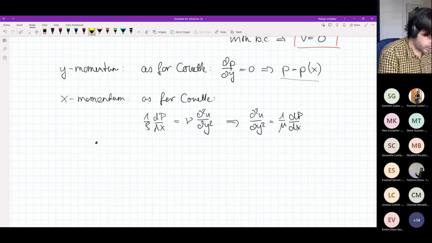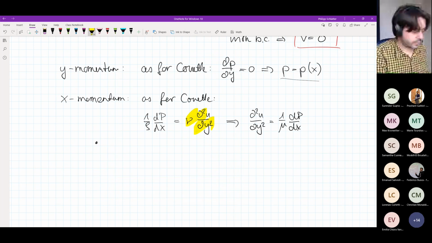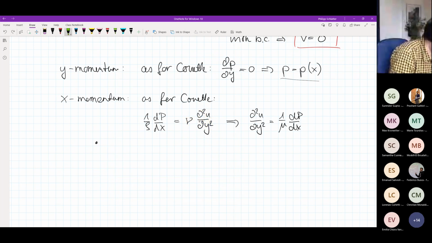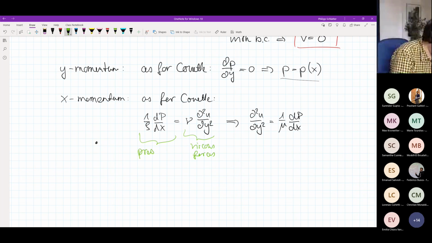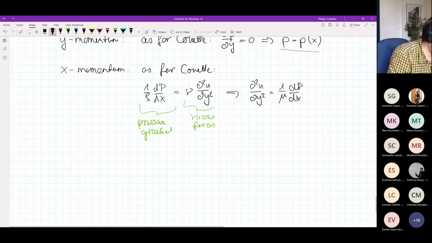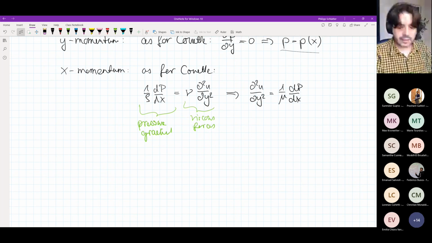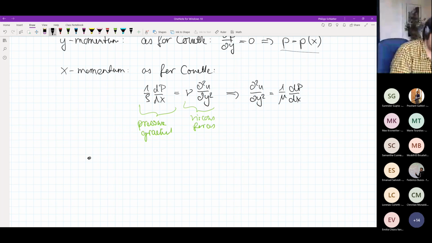which are essentially these. Oh, we can even just write it, I guess. So we have the viscous forces, and on the left-hand side here we have the pressure forces, or the pressure gradient, maybe. So what the x momentum equation in the end does, it just says that there's a balance between the viscous forces and the pressure gradient. All the acceleration is gone. So no acceleration.